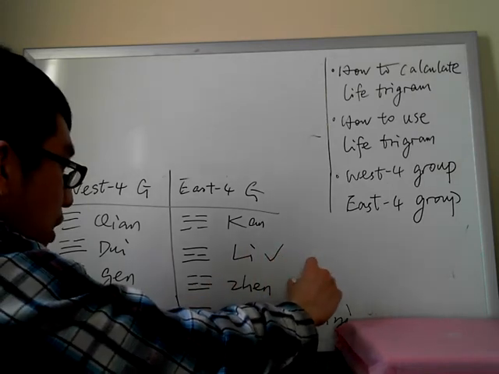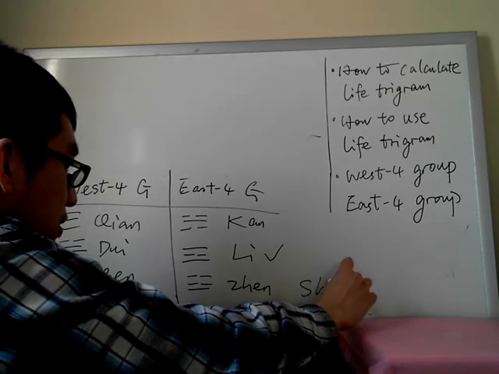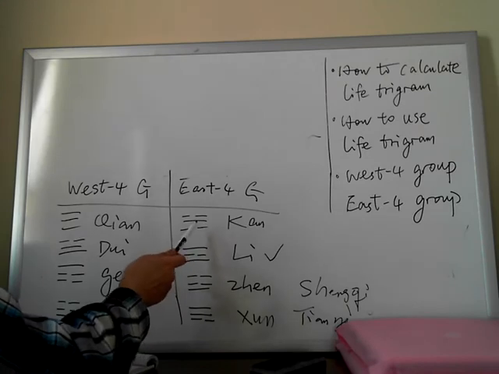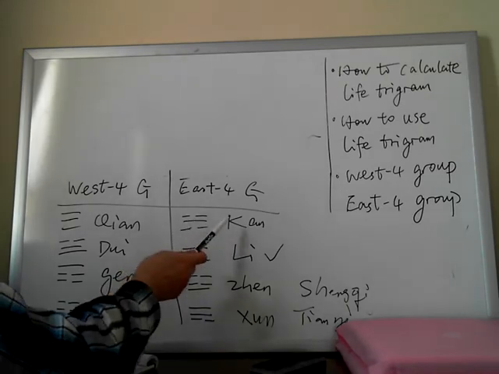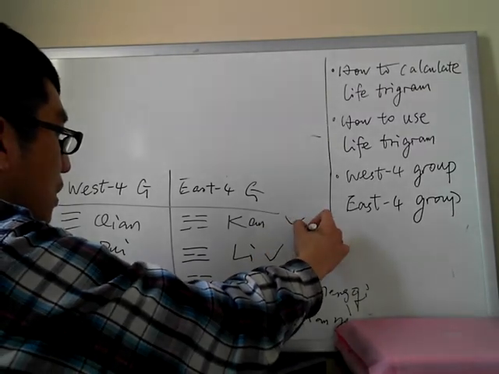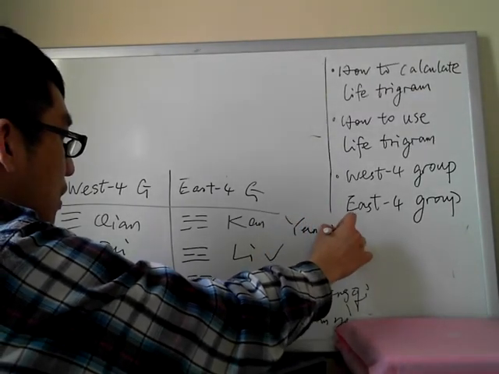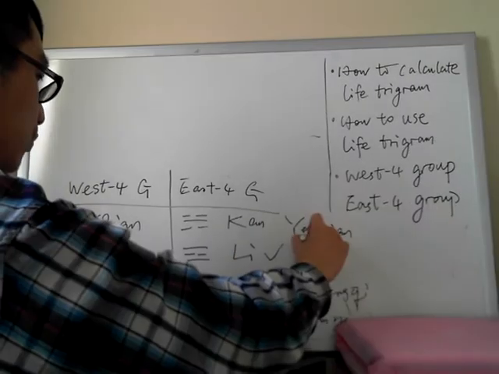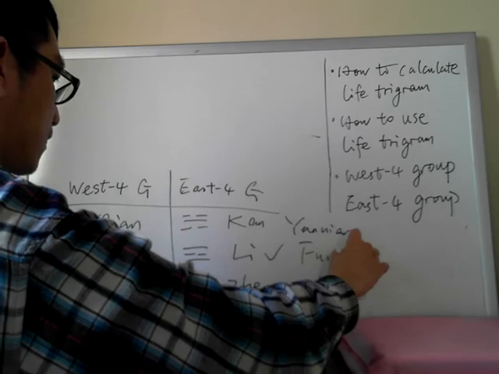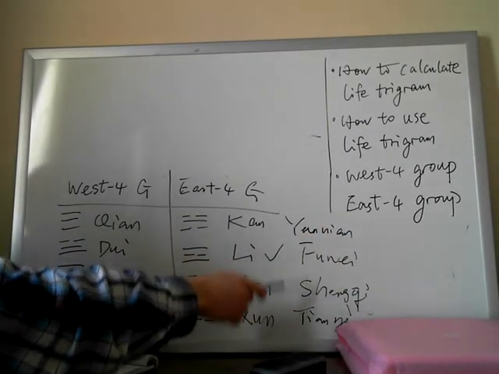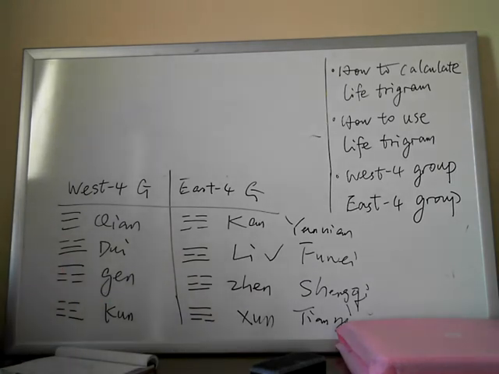This is Sheng Qi, auspicious star again, Sheng Qi direction, right? That's the life trigram, the rule of line changing. Kan would be his Yan Nian. And Li, this is the 4 way. Okay, the 4 auspicious directions are here. Obviously, the other 4 would be the inauspicious directions, right?